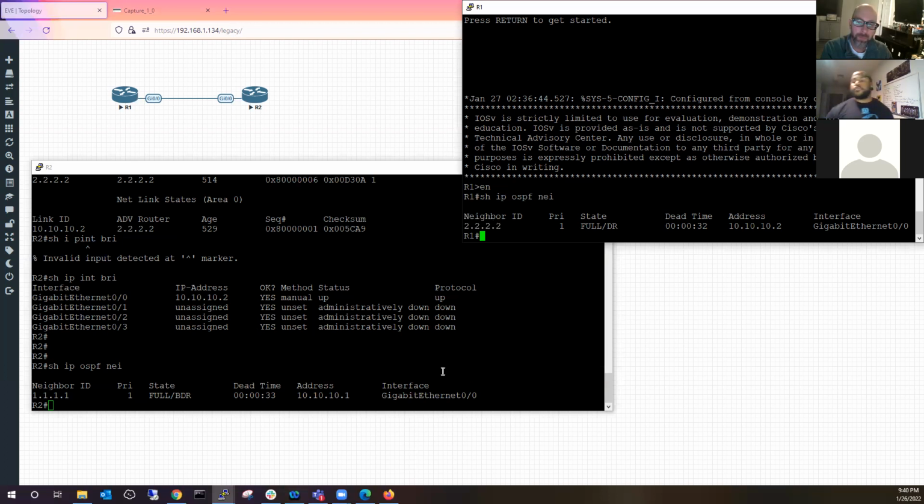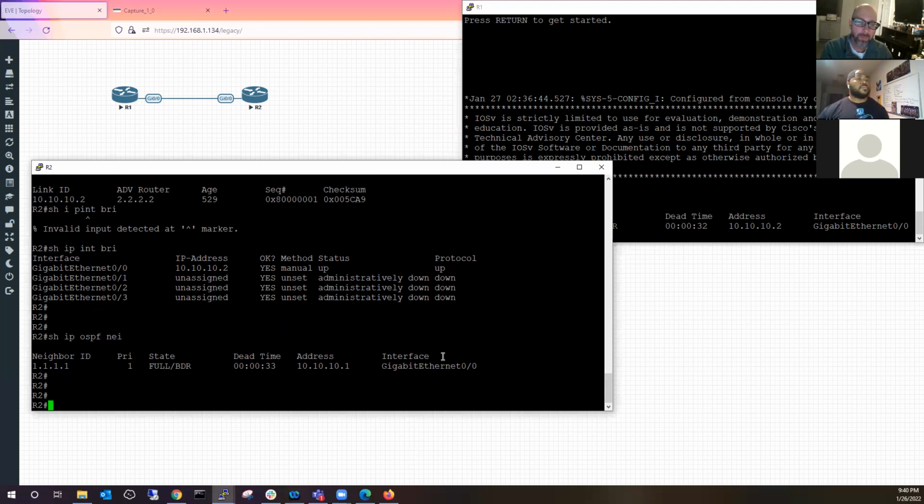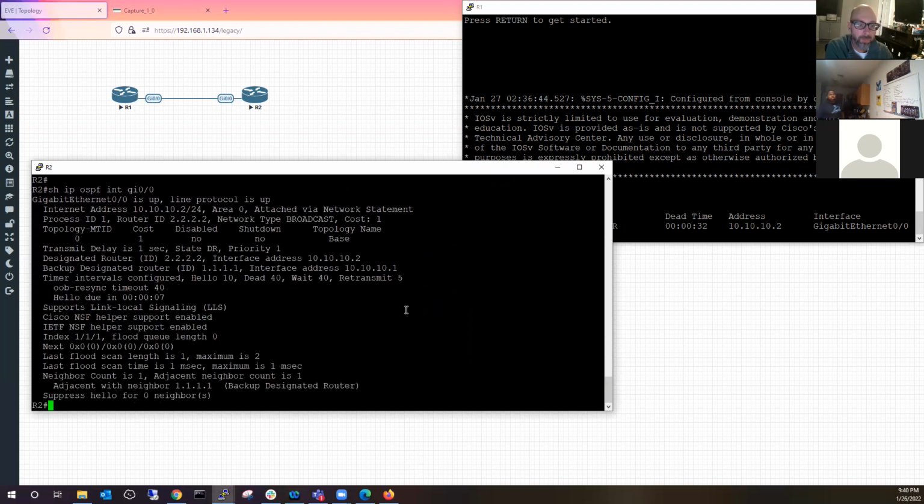Let me see if this OSPF command works here. Let's see. All right, here we go.